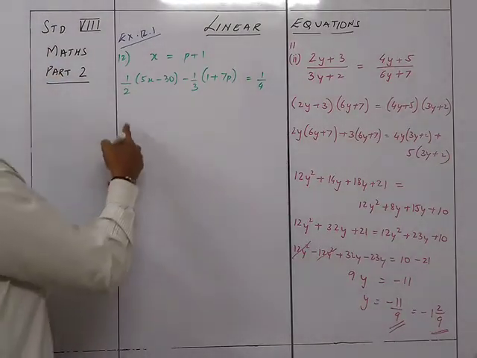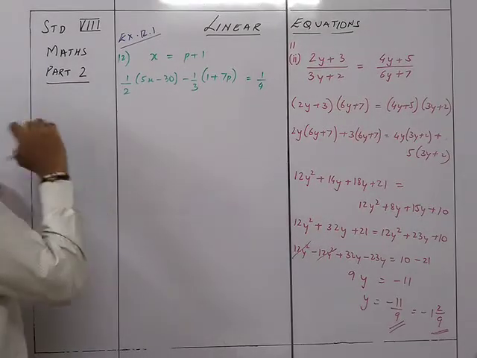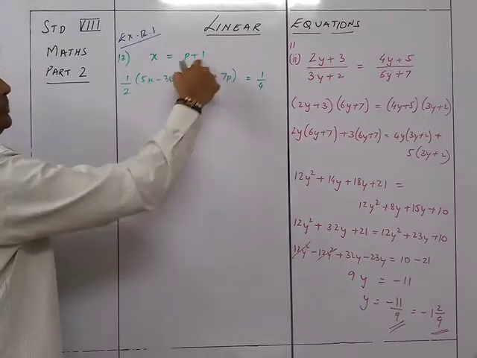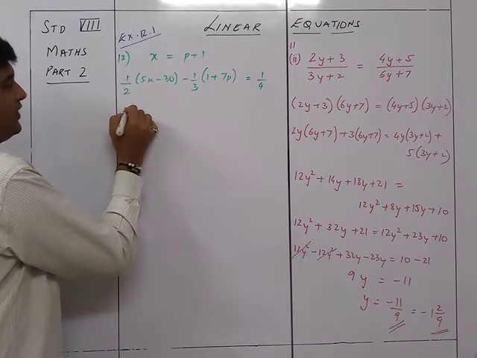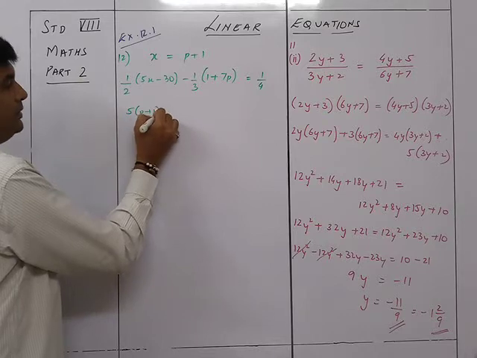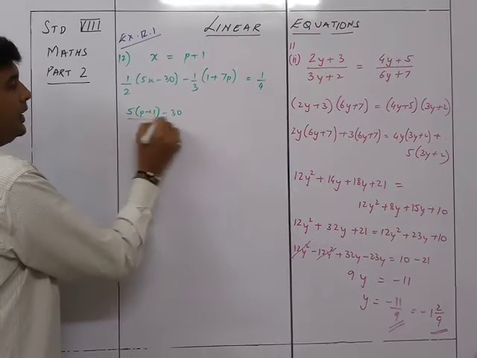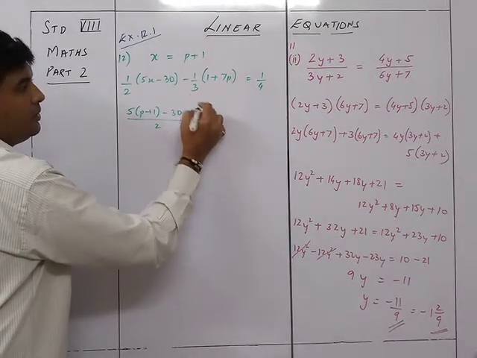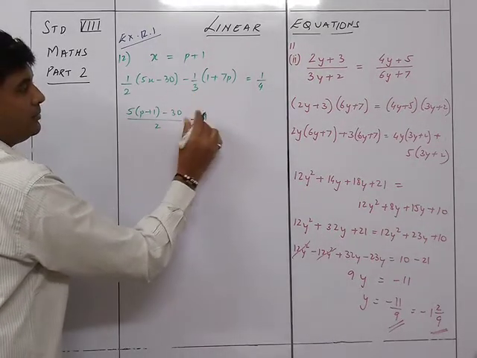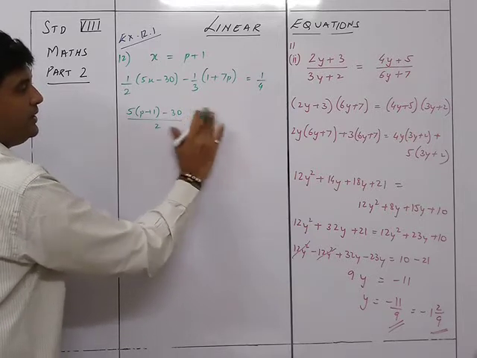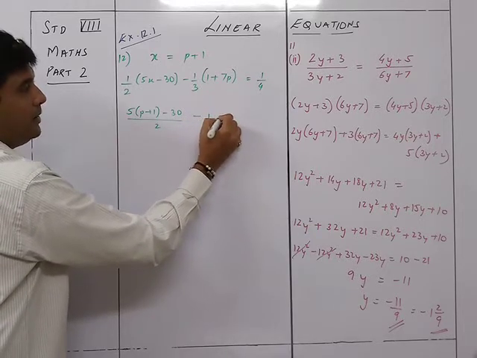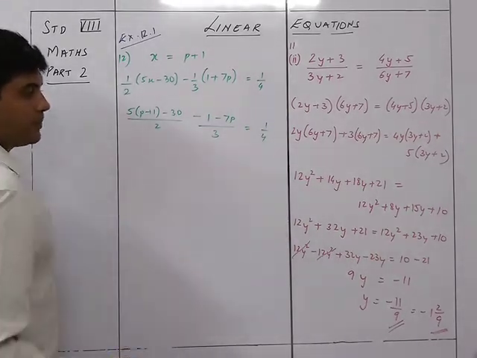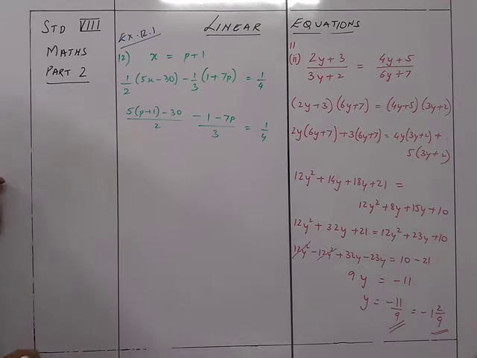So what you do over here is, first of all, convert this x into p. So it will be 5 into p plus 1 minus 30 upon 2, because this is nothing but upon 2, minus, you multiply this thing, it is minus 1, so it will be minus 1 minus 7p upon 3, is equal to 1 upon 4.